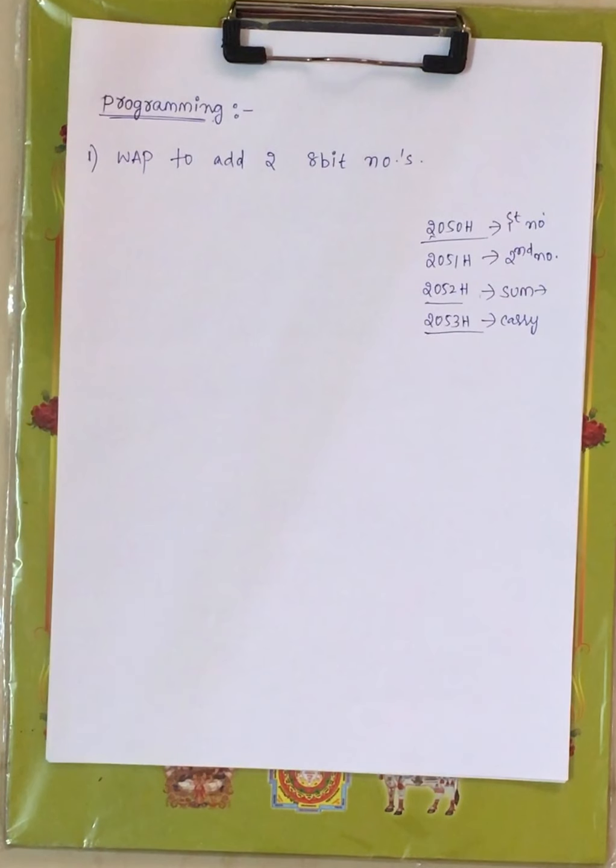Here we have to write a program to add two 8-bit numbers. The first 8-bit number I have to consider is stored under the memory location 2050H, and the second 8-bit number is stored in the memory location 2051H. These are the two memory locations storing the two 8-bit numbers.